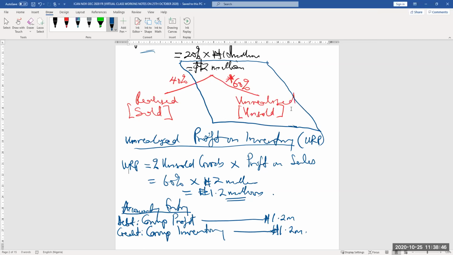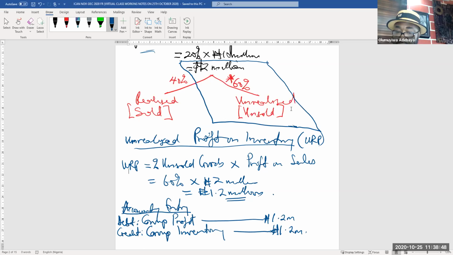Remember, the responsibility to prepare accounts is the parent's, and the parent is aware of what he has done. You can't deceive yourself. You have to go back and remove that amount as at the reporting date. You left the amount there with the expectation that the subsidiary would have sold it to third parties. But unfortunately, the subsidiary was unable to do that.